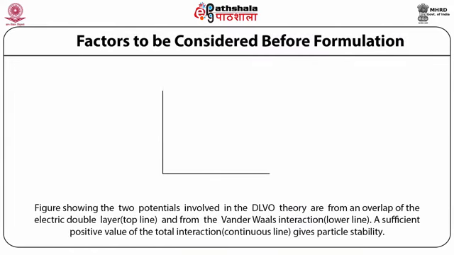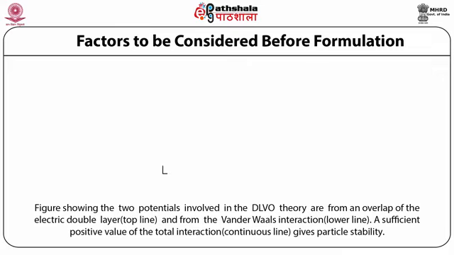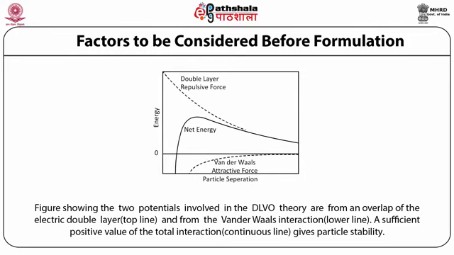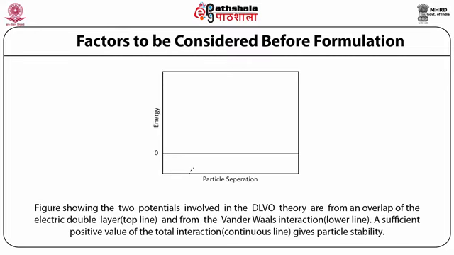This figure shows the relation between particle separation and energy, and the two potentials involved in DLVO theory, which are from an overlap of the electric double layer and from the van der Waals interaction. A sufficient positive value of the total interaction gives the particle stability.